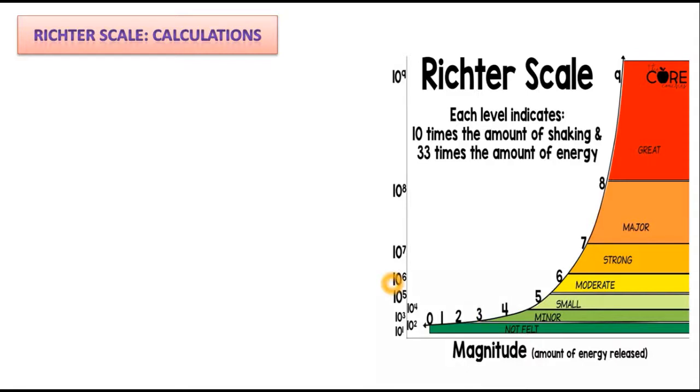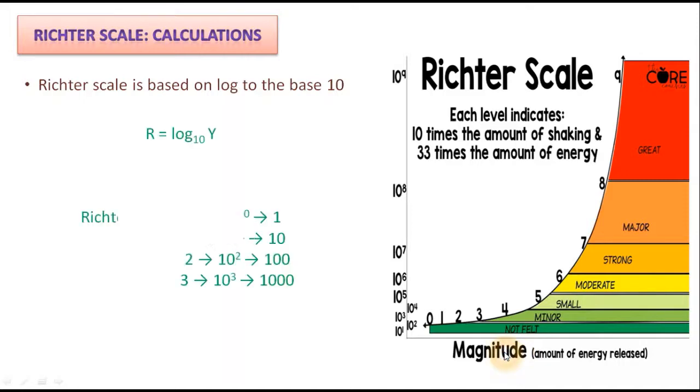Now, whatever value is there on the y-axis represents the amplitude. We know that the Richter scale is based on the log to the base 10. That means the value on the x-axis, that is the Richter magnitude, let's denote by r. So r is going to be equal to the log to the base 10 of the value on the y-axis.